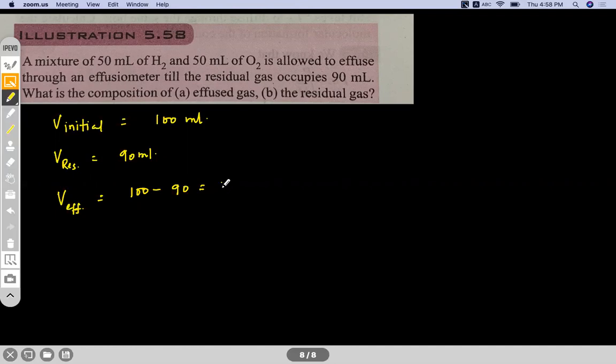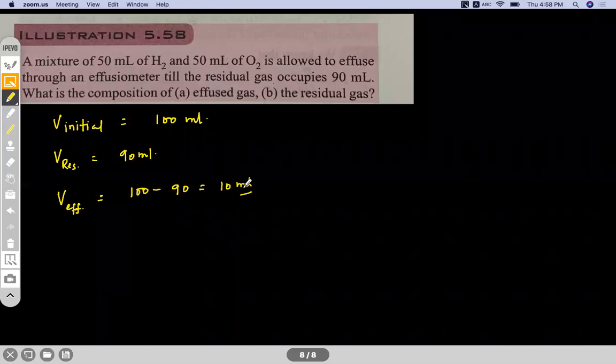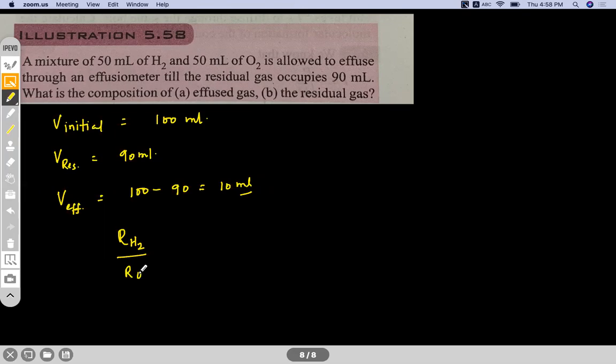It means 10 ml has been effused. Okay. So we can write the rate of effusion of H2 by rate of effusion of O2 is equals to root under the molecular mass of O2, which is 32, by 2, and that is 4.